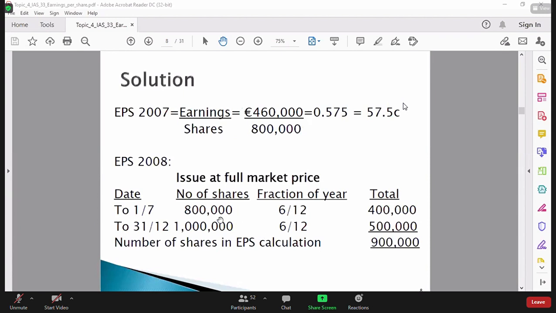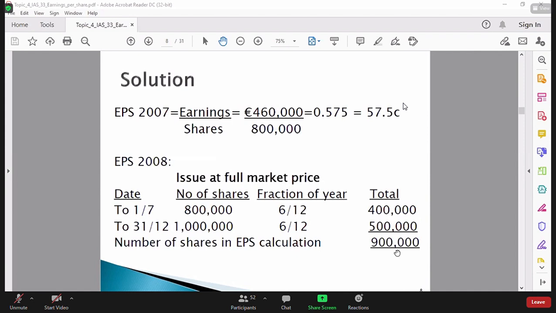For 2008, from January to June, the number of shares is 800,000, so 6/12. You have to do the weighted average here. From 800,000 it becomes 400,000, and from July to 31st December, 1 million becomes 500,000. So therefore the number of shares in the EPS calculation is 900,000.